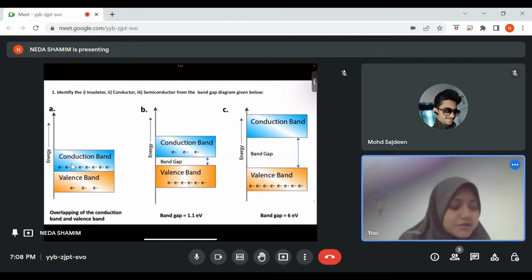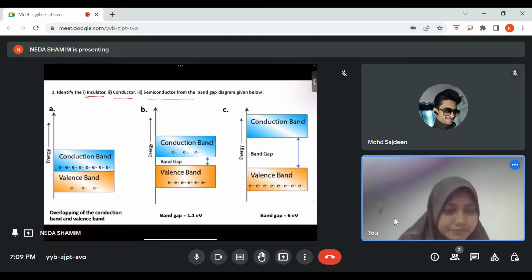You have to identify in this diagram, which is a band diagram of different materials: insulator, conductor, semiconductor. Which one is an insulator, which one is a conductor, and which one is a semiconductor? Can you please answer this question? Here I have a diagram where the conduction band and the valence band are overlapping.